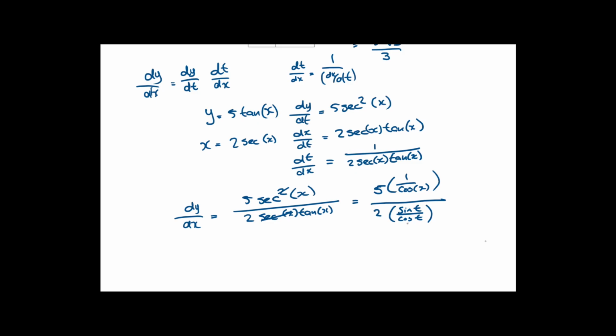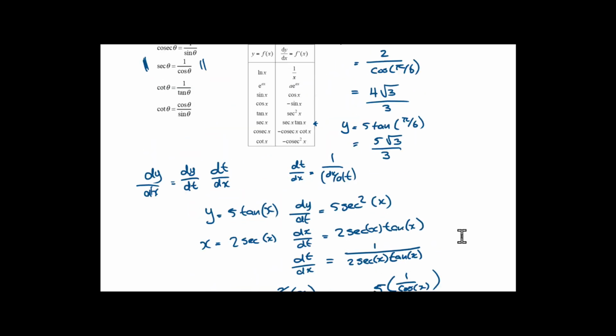Okay, so when these cosines cancel, we're going to be left with 5 over 2 sine of t.